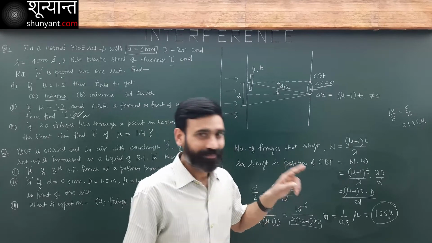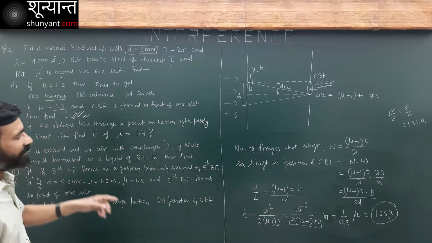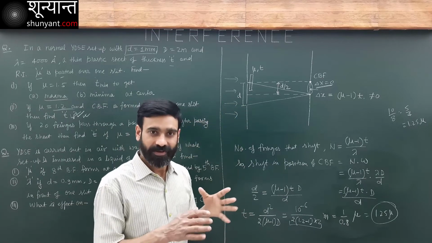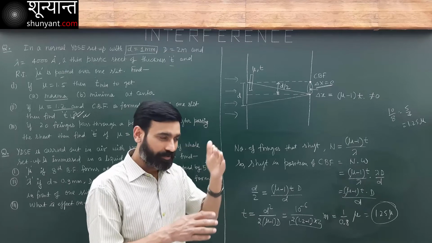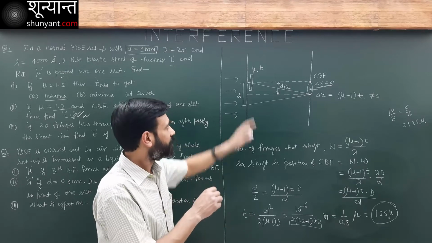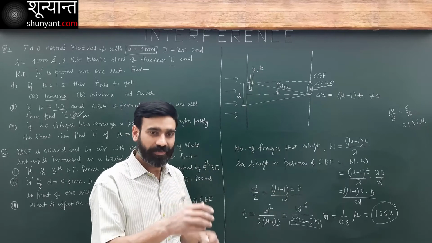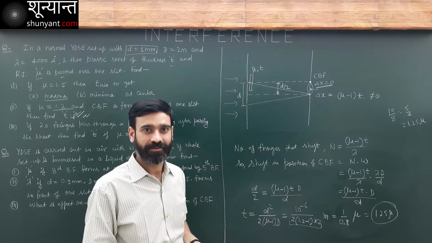But by carrying out this simple experiment, you just make a setup of Young's double slit experiment, you find the fringe pattern, and then paste this plastic sheet here. Just find how many fringes shift through a given point, and that's it.